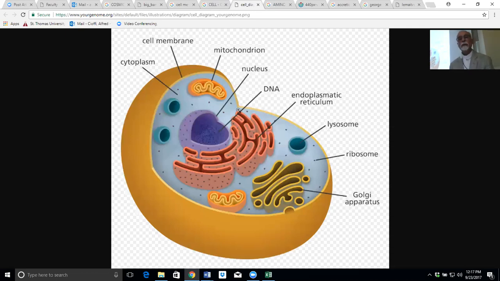So cells are full of these little structures that are called organelles. What do our organs do in our body? Our organs perform functions, right? The liver filters out the toxins in the blood. The brain thinks, etc. So different organs of our body have different functions. The stomach doesn't do what the pancreas does.